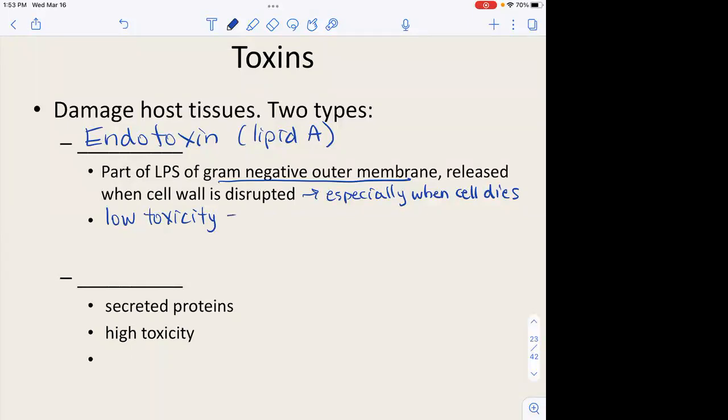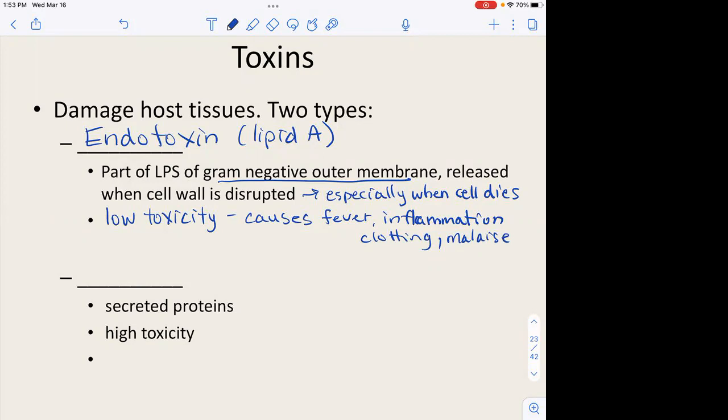And it causes things in our body like a low-grade fever, inflammation, and we're going to talk all about inflammation in another week or so and what that involves. A little maybe blood clotting, for instance, malaise in the host, makes them feel really tired.